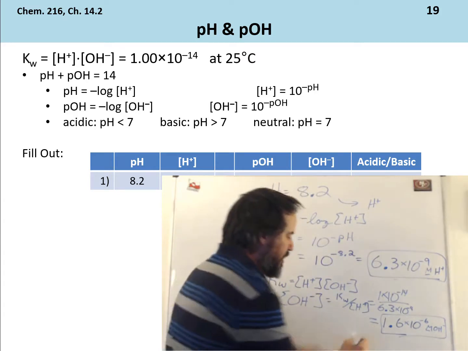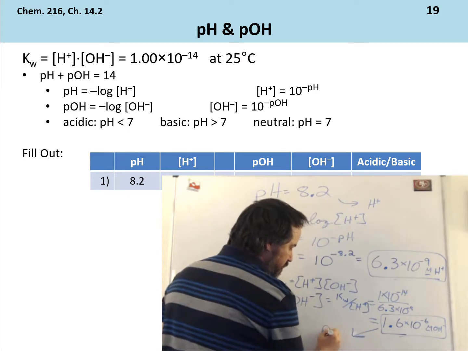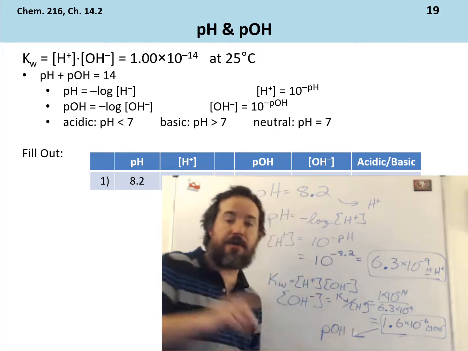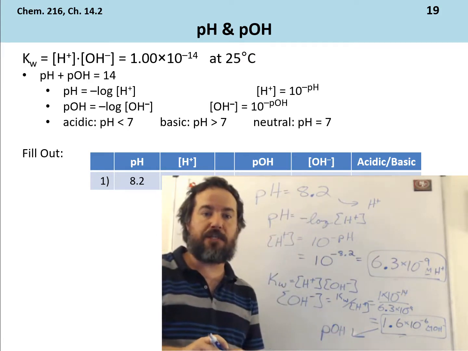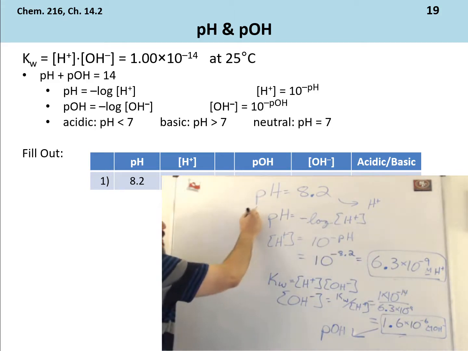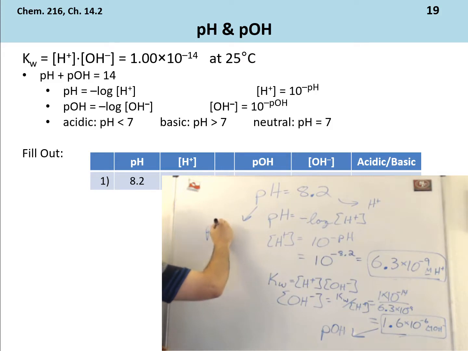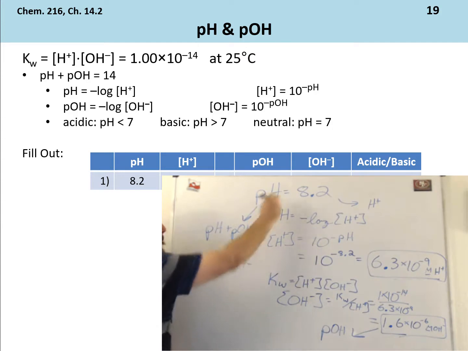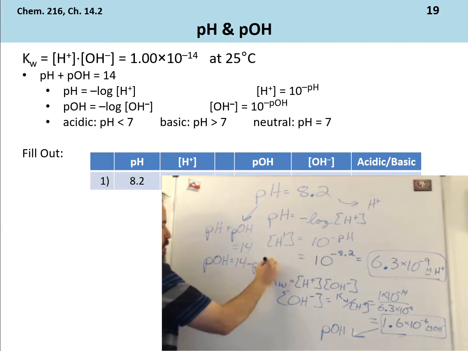I can either use this one to calculate pOH using the equation up there, pOH equals negative log of OH minus, or I could use that, pH plus pOH equals 14. So if that's the case, pOH equals 14 minus pH.